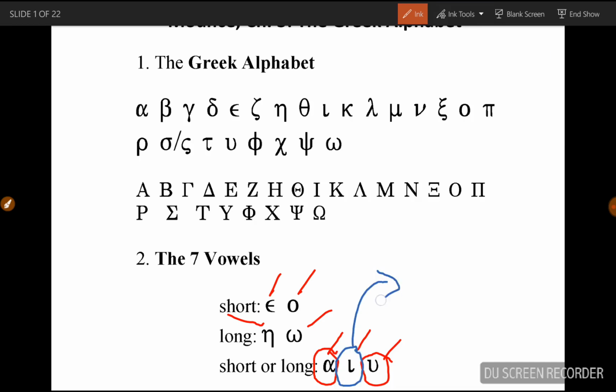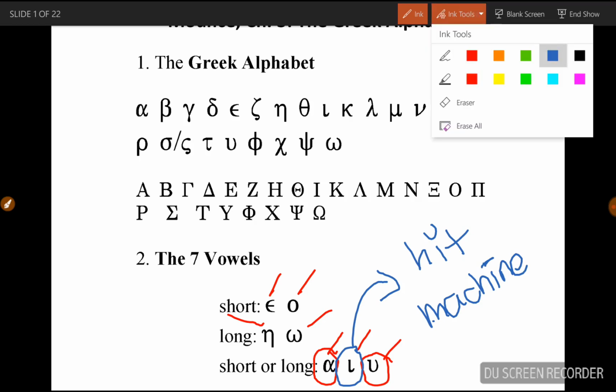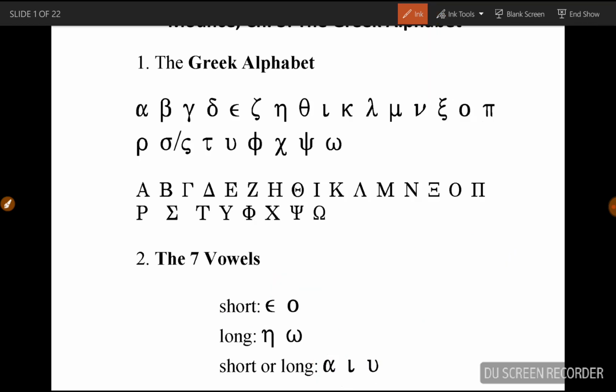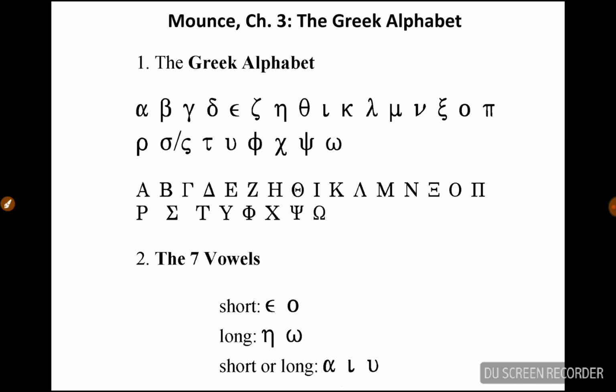Iota is the only one that if it's short, it'll sound something like hit, an is sound. And if it's long, it'll sound like machine. So have a long E sound. So a short sound for iota is I, long sound is E. But for alpha and upsilon, it doesn't matter whether it's short or long. It's going to be pronounced in the same way.